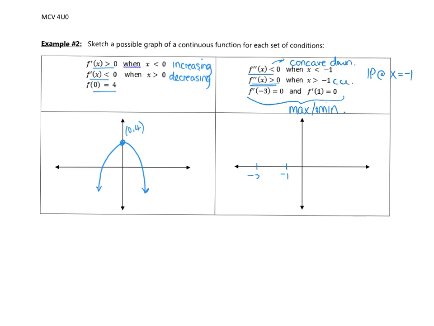So let's put some values on our x-axis. Okay, we are concave down all the way to -1, and we have a max at -3. Since we're concave down, here's our IP, and then we're concave up, meaning we have a slope of a tangent line of 0, or a min, at 1. Okay, so that's kind of the idea there. There's an example of that one.